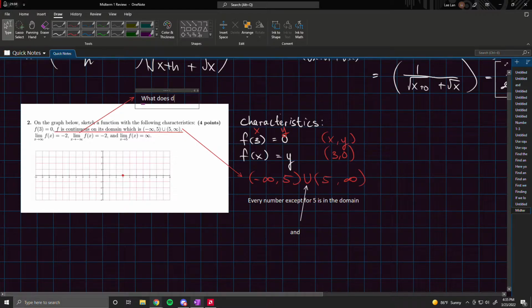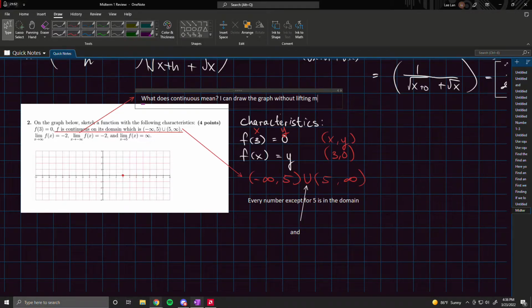So what does continuous mean? In the context of drawing graphs, continuity just means that I can draw without lifting my pencil.